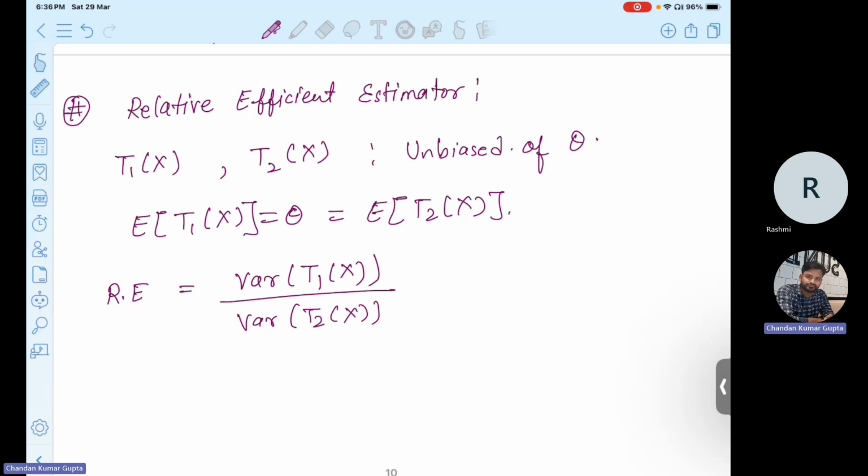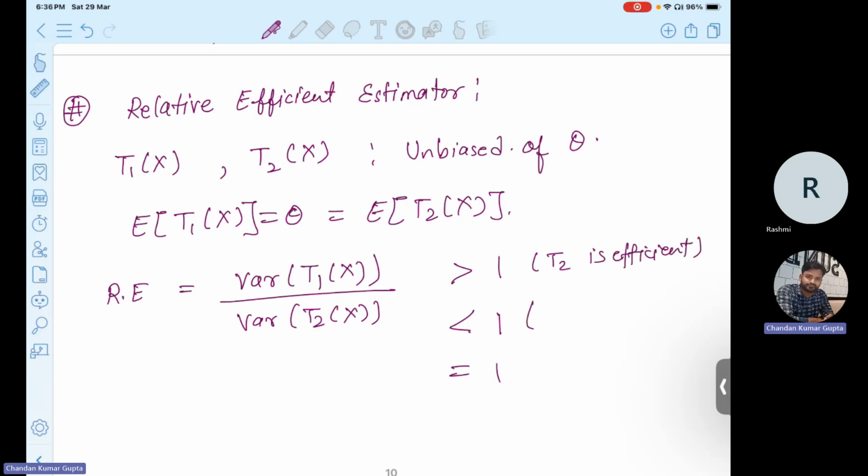It is possible that it is either greater than 1, less than 1, or equal to 1. If the value of RE is greater than 1, that implies the variance of T1(x) is greater than the variance of T2(x), which means T2 is efficient.